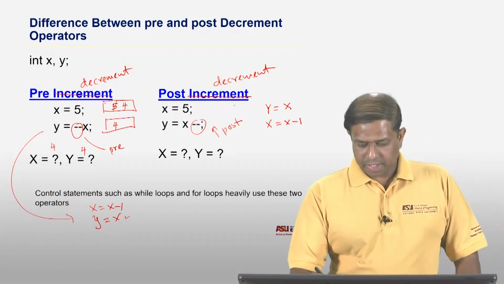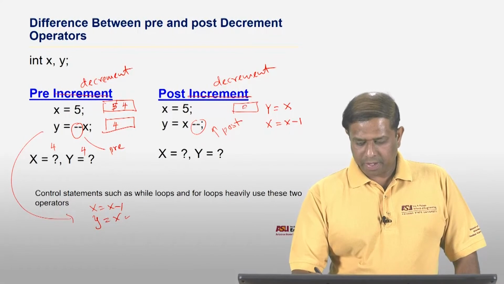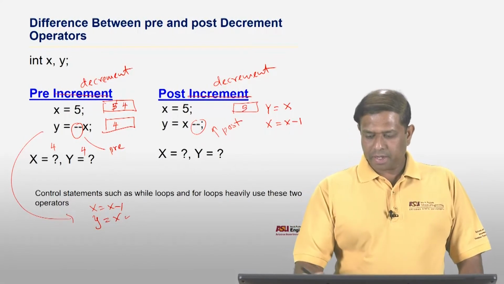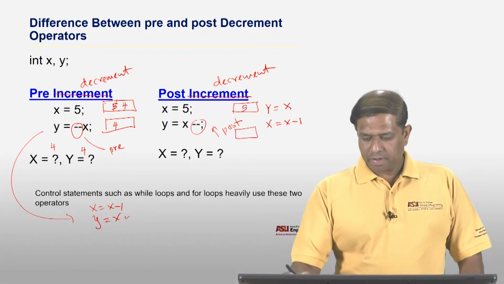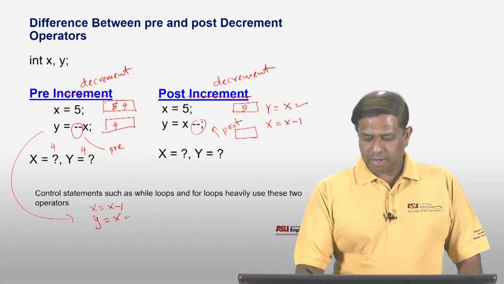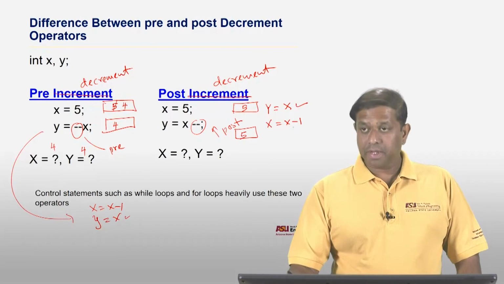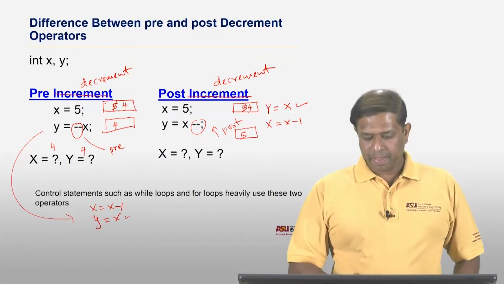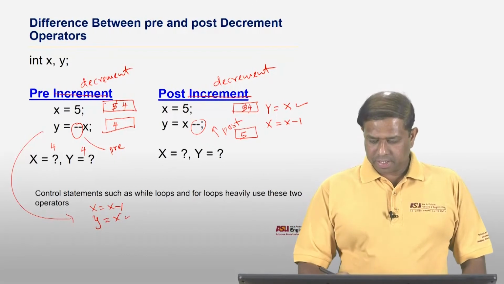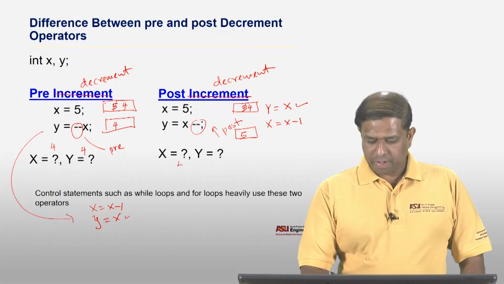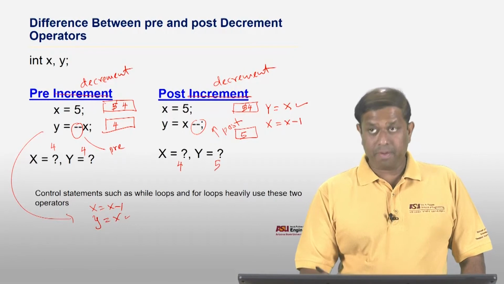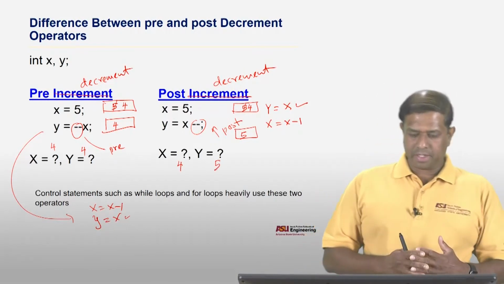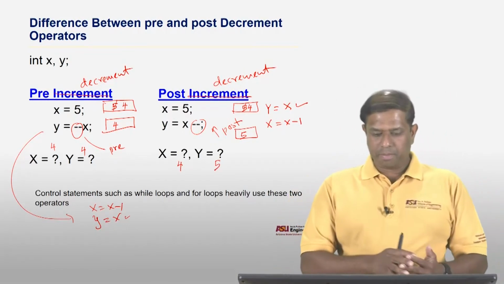So in this case, we have 5 here, so we assign the current value of x to y, so y will be 5. After that we subtract 1 from x, so x will be 4. So after executing this statement, x will be 4 and y will be 5, right? That's the implication of post and pre decrement.